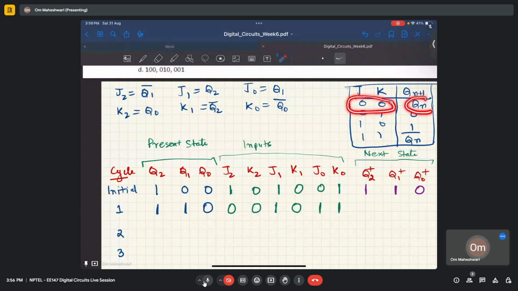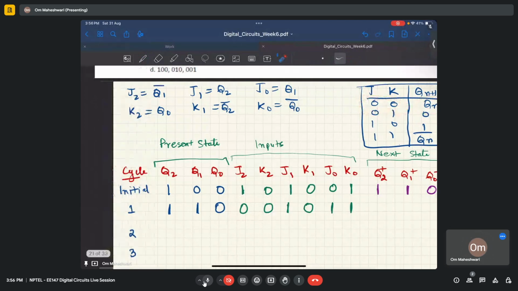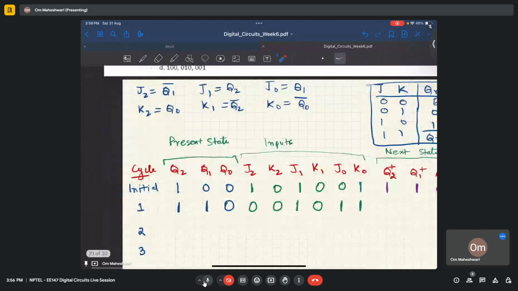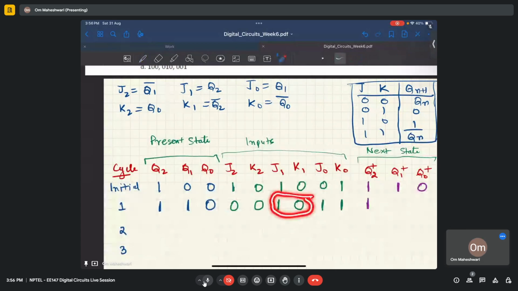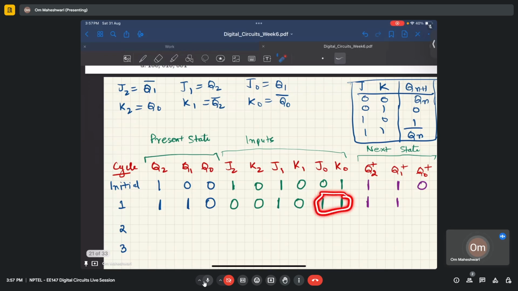The output is same as previous one, which is 1 here. In 1, 0 case, the output is 1, and in 1, 1 case the output is toggle, so it will be 1. So this is our next state, 1, 1, 1. We'll again need to write all the J's in terms of the previous ones.